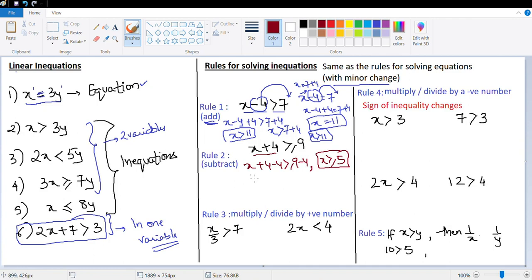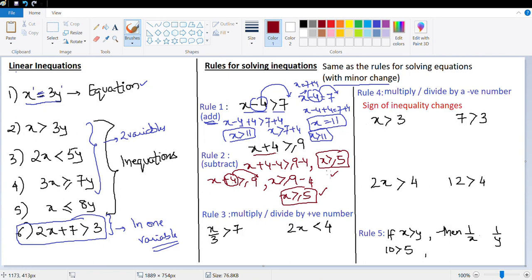Now this can also be looked at the way I would look at it in an equation, which means if I take positive 4 to this side, the sign changes and it becomes negative. So this becomes x is more than or equal to 9 minus 4, which means x is more than or equal to 5. Done. So these two properties are exactly the same as equations.